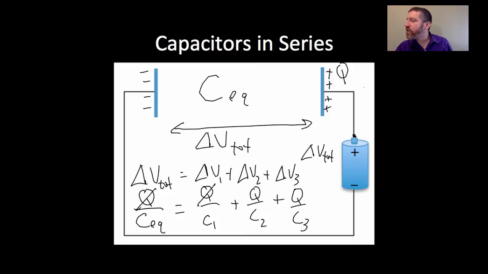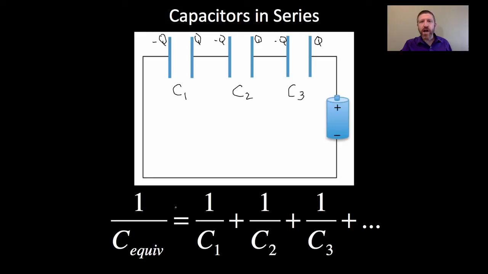They can cancel, which gives us our final result: 1 over C equivalent is 1 over C1 plus 1 over C2 plus 1 over C3. Notice that it's very similar to the equation for resistors, not in series like these capacitors are, but resistors in parallel.